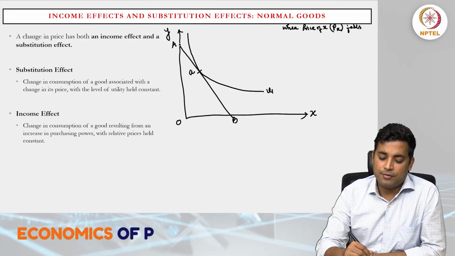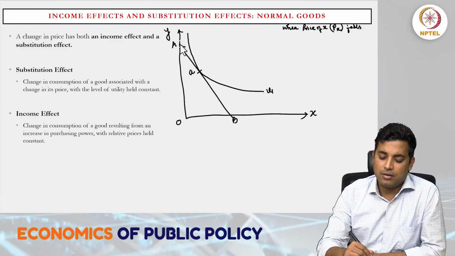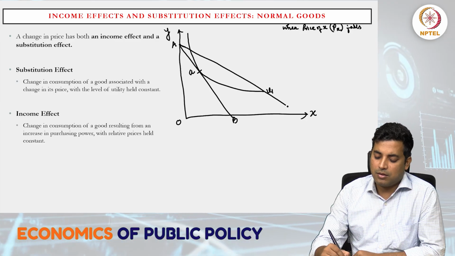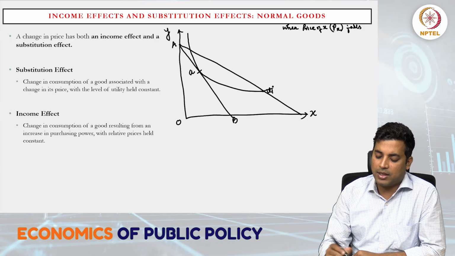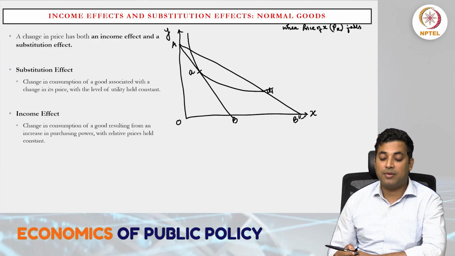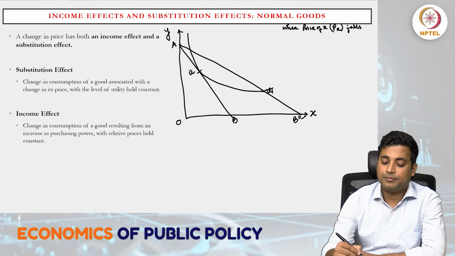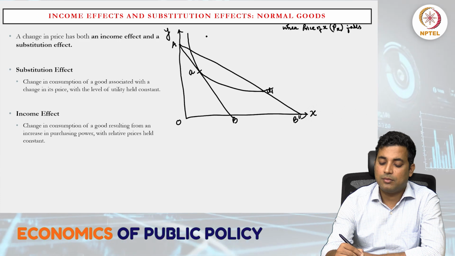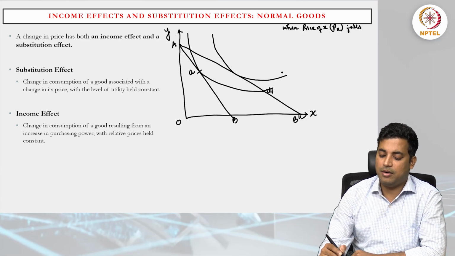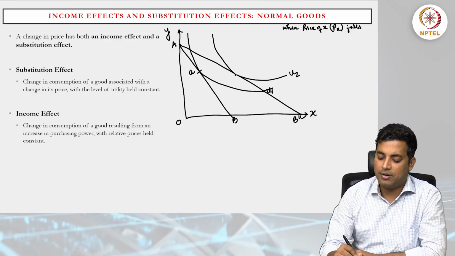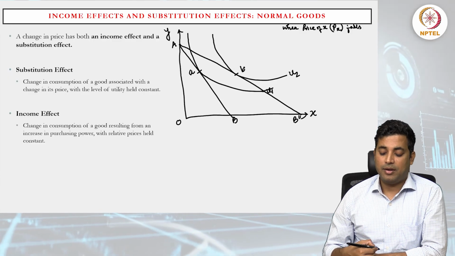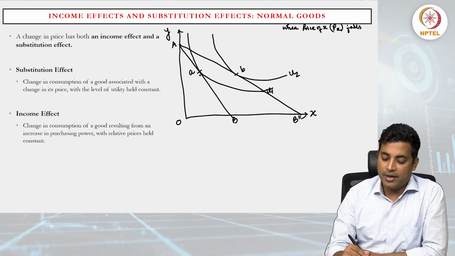If it falls, then the new budget line that we get will be flatter, with a new utility curve, and small b is our new tangent point.